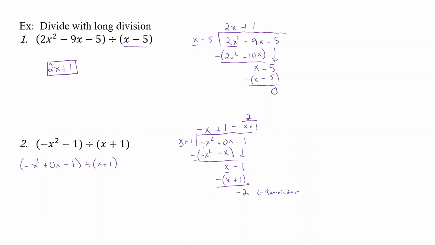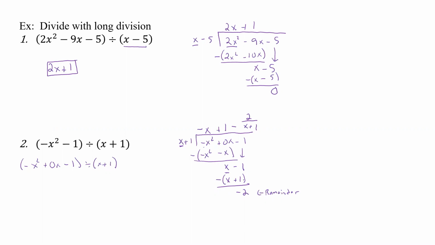What do we have to take this x times to get x? Well, you take it times a plus 1. If we'd taken that times a minus 1, that would have been a minus x, and then it would have been x minus a minus x, so that would have been 2x. And we don't want any x's left when we're done. So that's why it's the plus 1, and we get the x plus 1 down here.